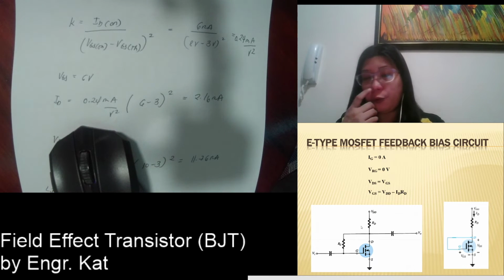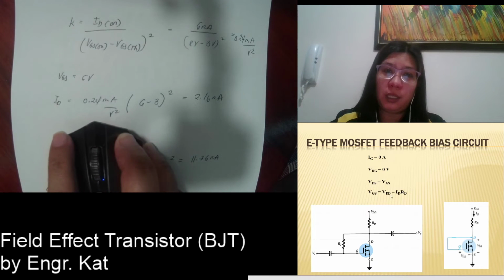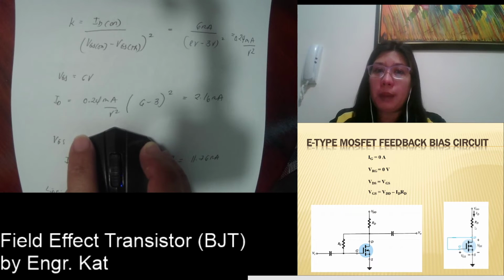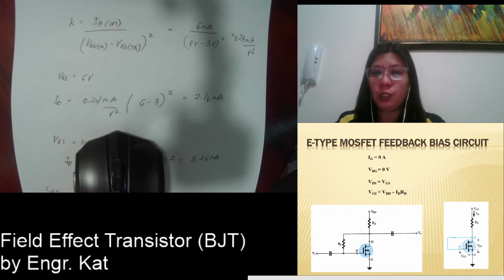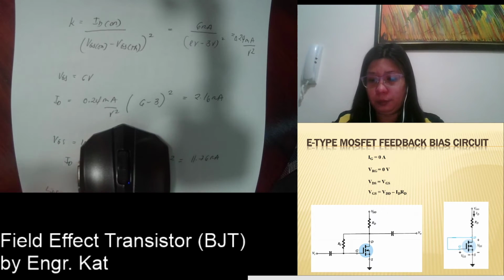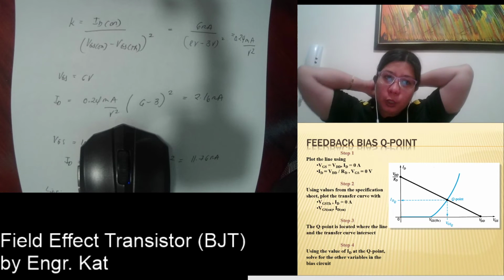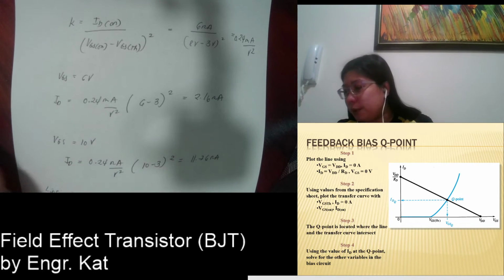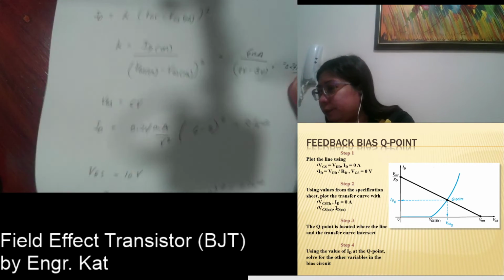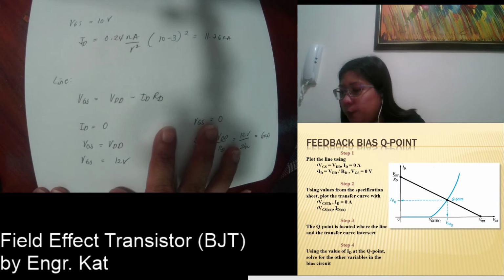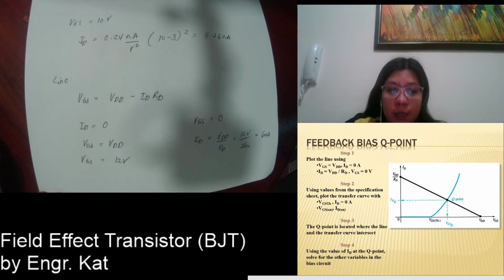So our working formula here, class, is VGS equal to VDD minus IDRD. Okay, so VGS is just equal to your VDS. So how does it function? Step 1, we are going to plot your line using this formula.